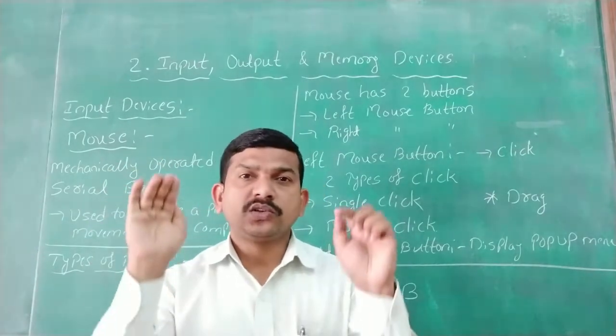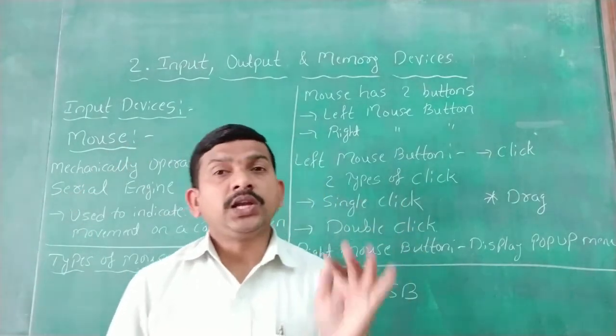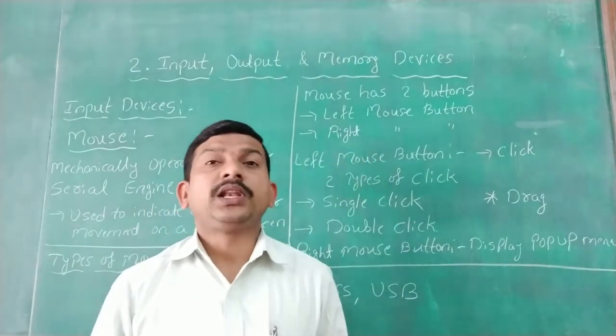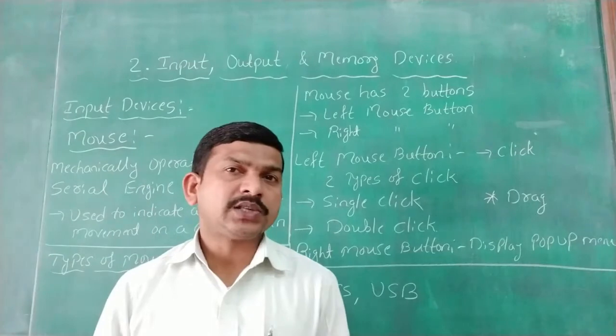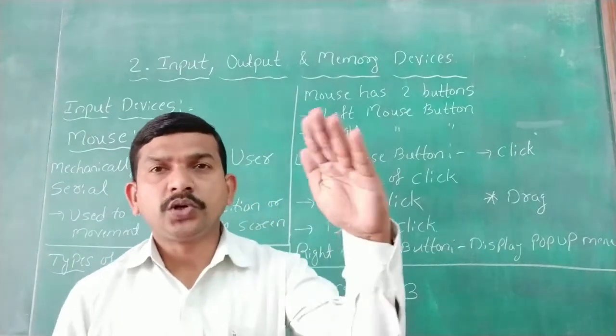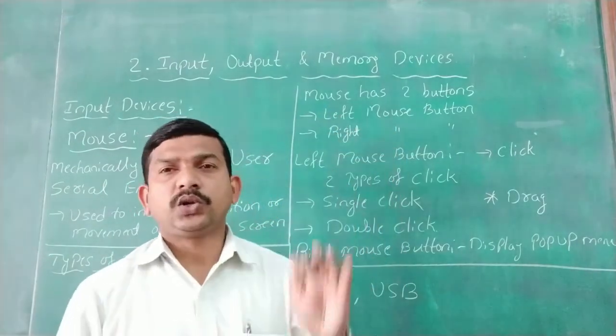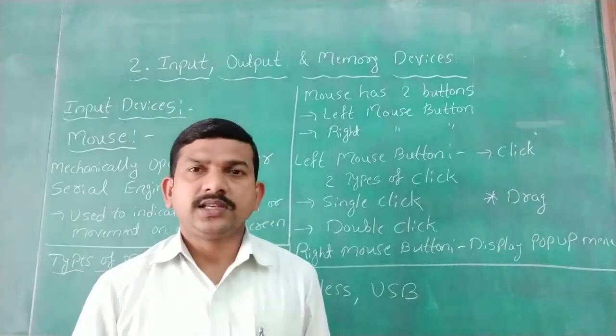If you want to send any data into the computer, we require input devices. With the help of an input device only, we can tell the computer to do this or do like this. Is it clear?